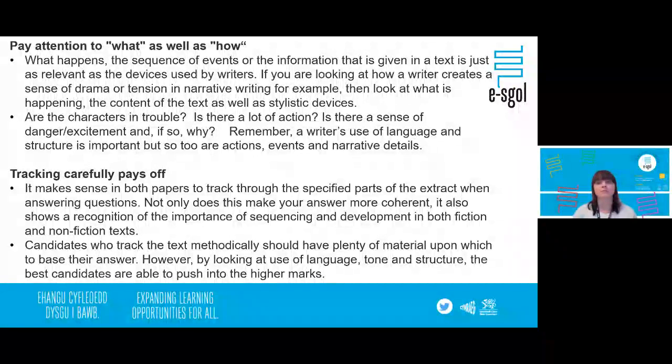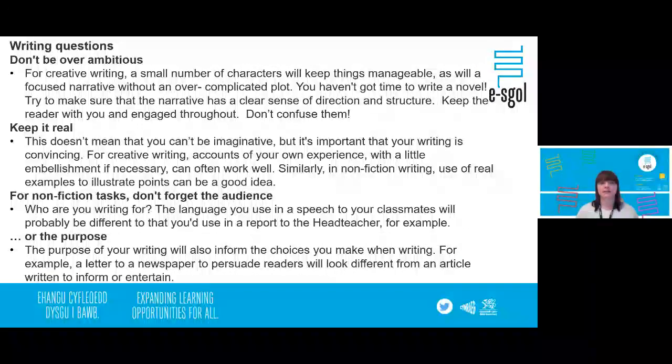It makes sense in both papers to track through the specified parts of the extract when answering questions. It makes sure your answer is really coherent, fluent, logical, and it shows a recognition of the importance of sequencing as well, okay? And you have more material to draw and base your answers upon later on in the paper too.